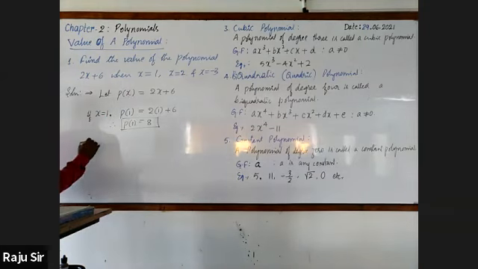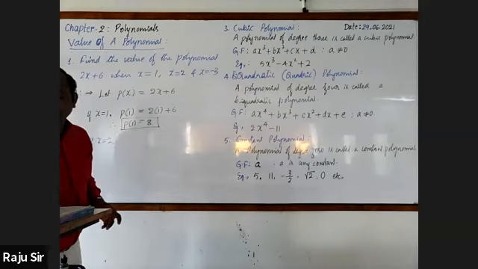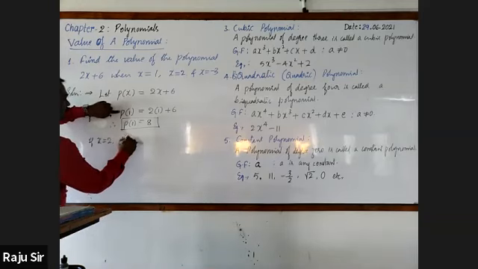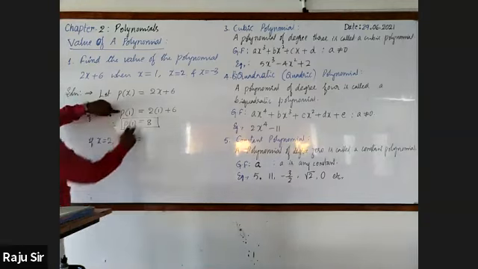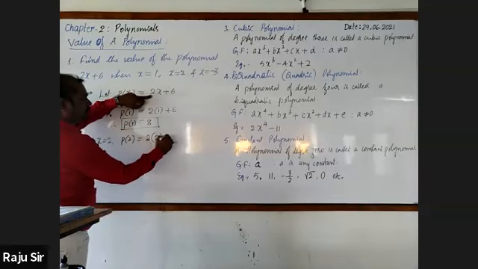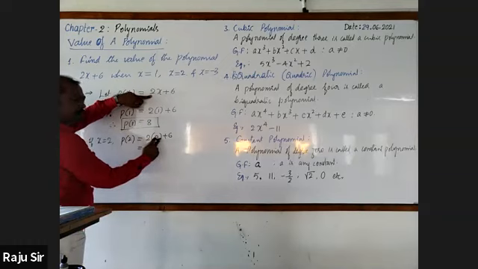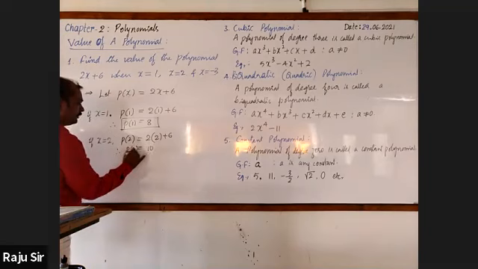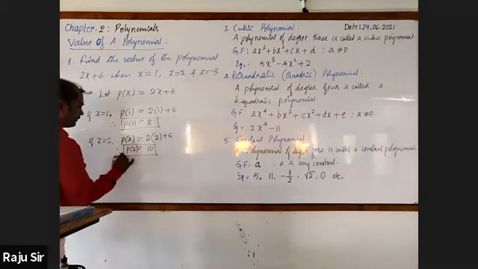Next, if x is equal to 2, substitute 2 in place of x. Here this is 2 into 2 plus 6. 2 twos are 4, 4 plus 6, 10. Therefore, P of 2 is 10.